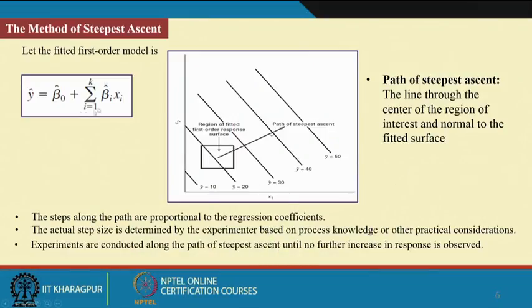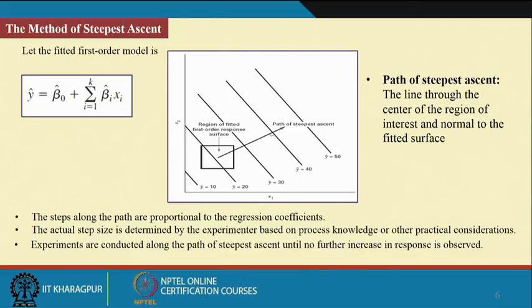Let us see, suppose the first order regression model is fit, then your predicted value will be beta 0 cap plus the sum of beta i x i. Now, if you plot the contours for x 1 and x 2, as it is a first order model, there is no interaction effect.